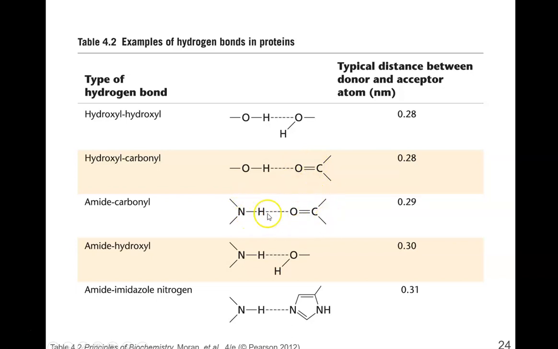Again, you find both of these in the peptide group. An amide, that you find in the peptide group, maybe a hydroxyl over here. Here's an amide, and there's a histidine. There are lots of other examples, of course. This is the typical distance between the donor and the acceptor in nanometers. If they're farther apart than that, then you wouldn't be able to form a hydrogen bond.